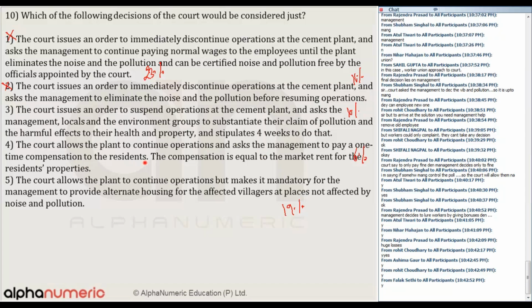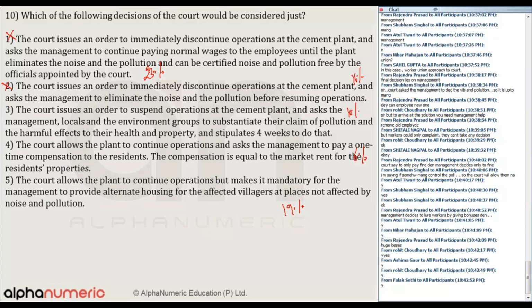The compensation is equal to the market rate for the resident properties. Fifth, the court allows the plant to continue operation but makes it mandatory for the management to provide alternate housing for the affected villages at places not affected by noise and pollution.